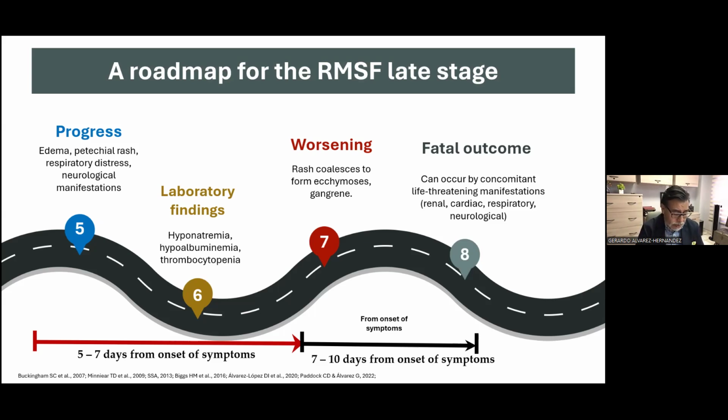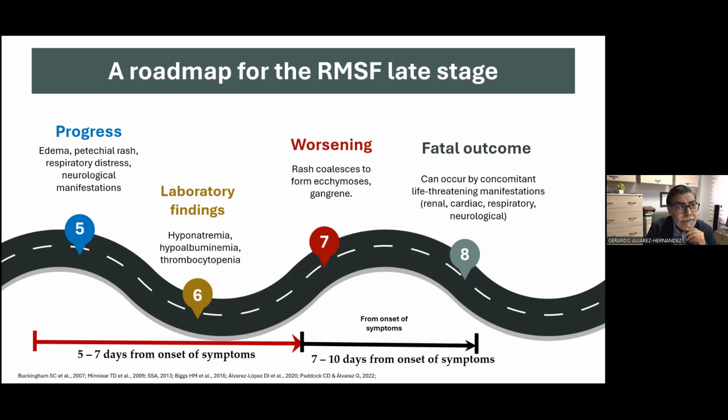When the patient worsens, the rash coalesces, as I said, to form ecchymosis, and necrosis can be seen in appendages. Death can rapidly occur because of multi-organ failure and septic shock.